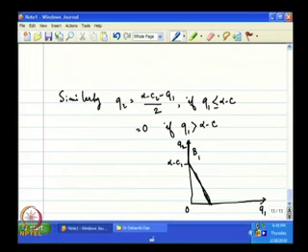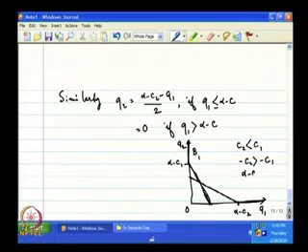It is going to be something like this, where this intercept is alpha minus C2. Now, intentionally I have drawn this intercept alpha minus C2 to be higher than alpha minus C1. The reason is that C2 is less than C1, which means minus C2 is going to be greater than minus C1, which means alpha minus C2 is greater than alpha minus C1.